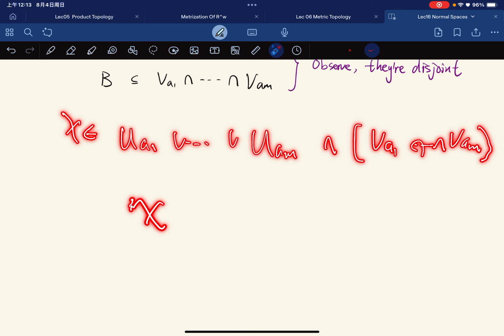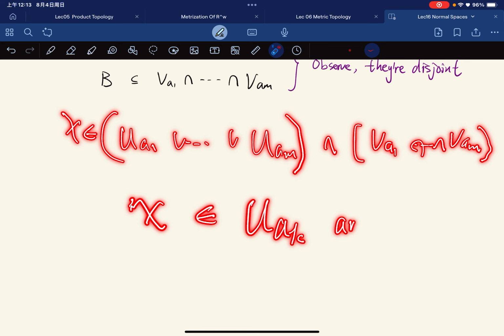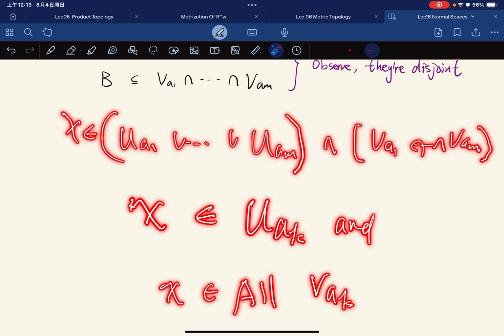Then x is in some U_{ak}, and x is in all V_{ai}, specifically the corresponding V_{ak}.